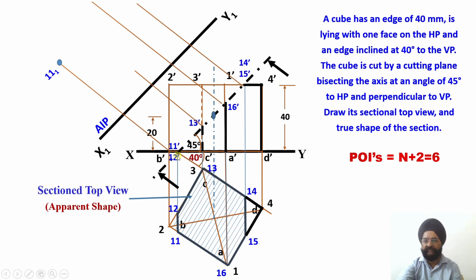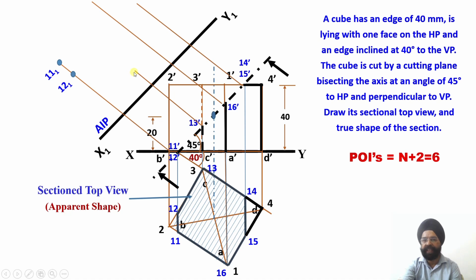It is lying on the same locus line, but the distance is slightly shorter. So I'll be measuring this distance now, and this distance has also been transferred in front of this AIP over here, right? So the name of this point is 12,1. So I am transferring the distance of POI 12 from the XY reference line. So point 12,1 has been obtained.